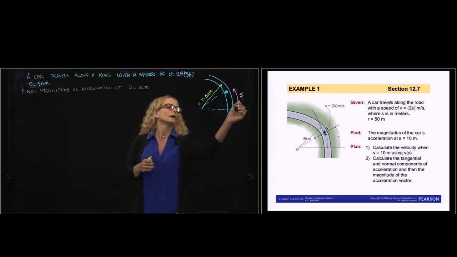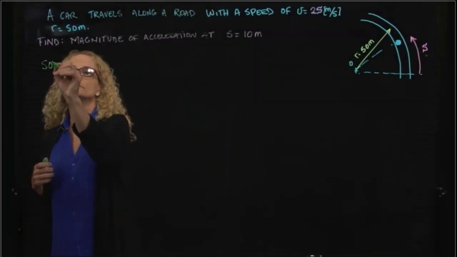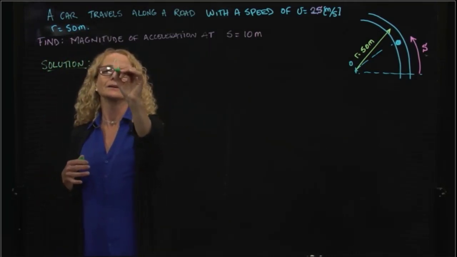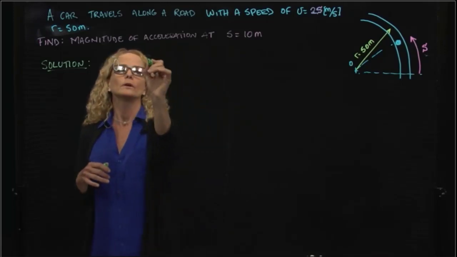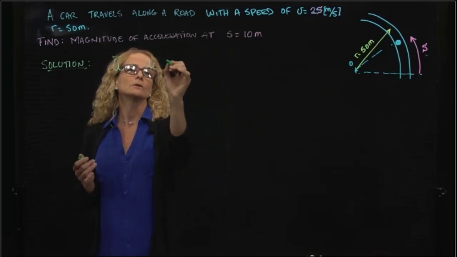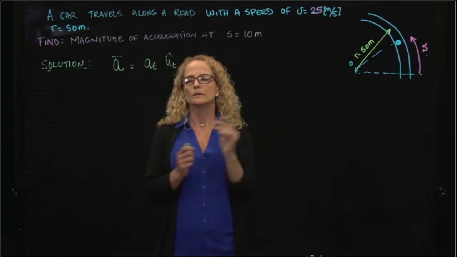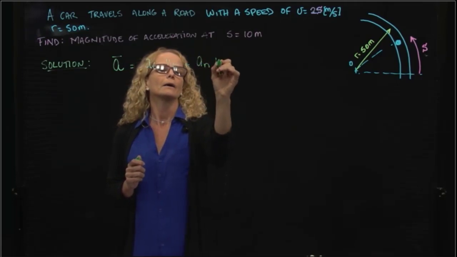So when it has already covered 10 meters of that curve. This is the solution. We know that the acceleration has two components. A component in the tangential direction, let's call it ut, the unit vector in the tangential direction, plus un.